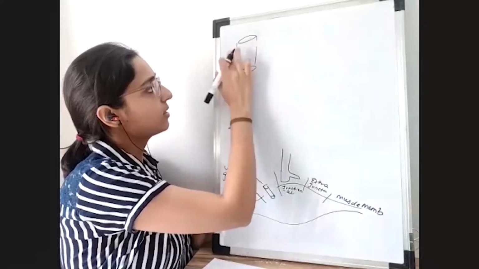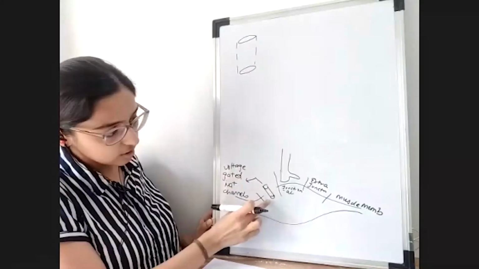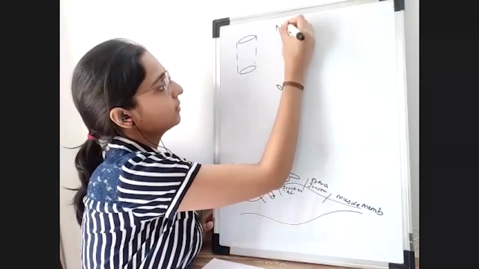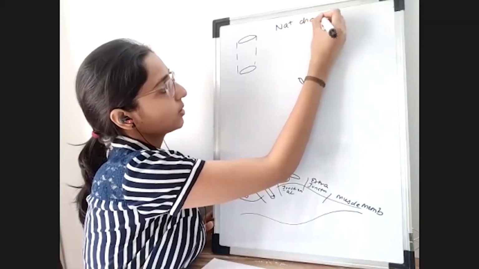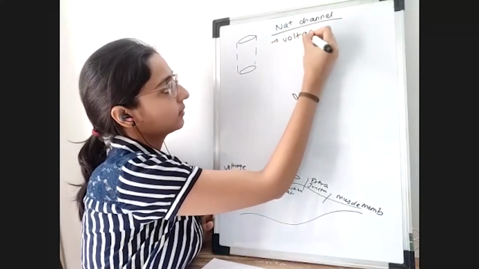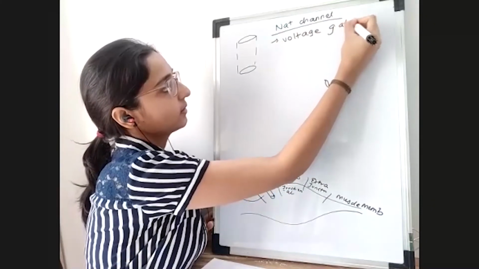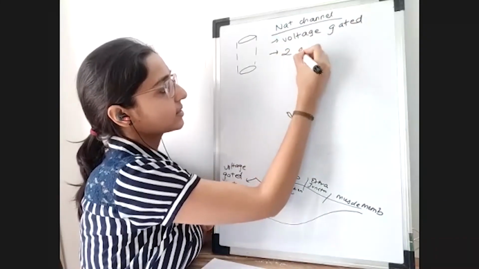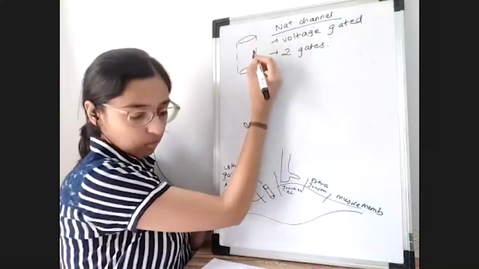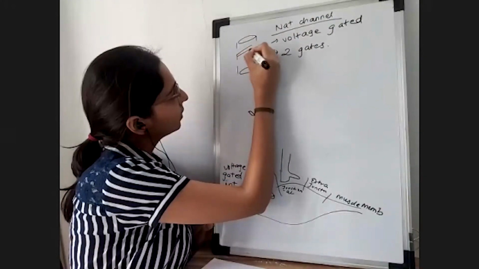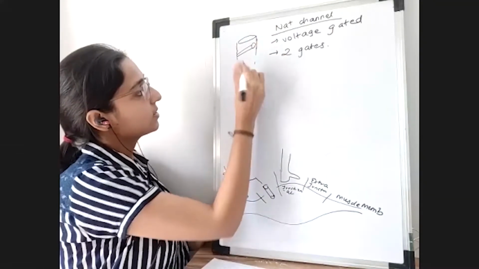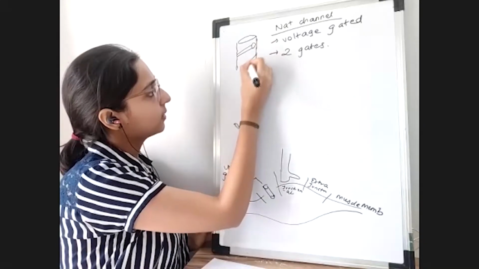The sodium channel in the extrajunctional portion has certain properties. First of all, it is voltage gated. This channel has two gates: one gate on the top, and one more gate at the bottom.